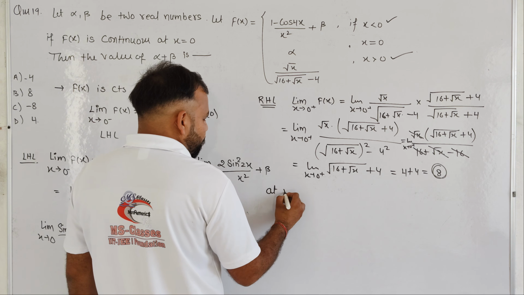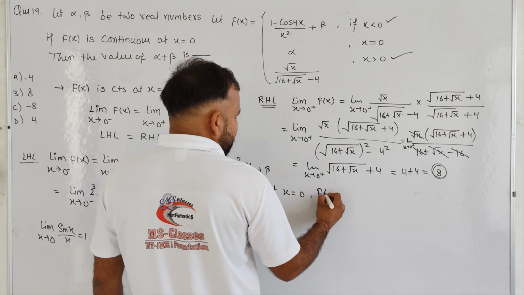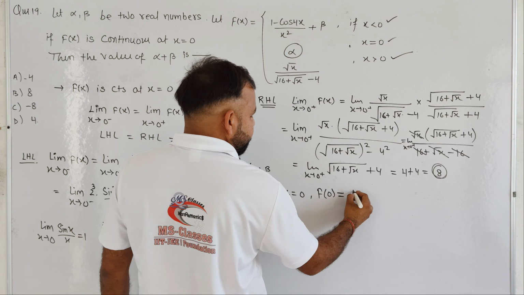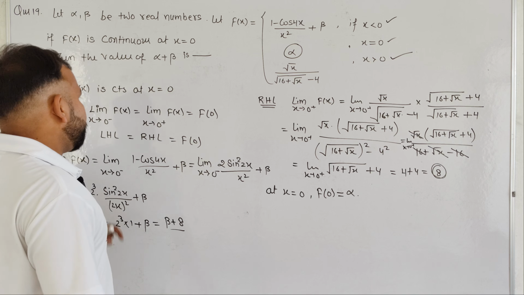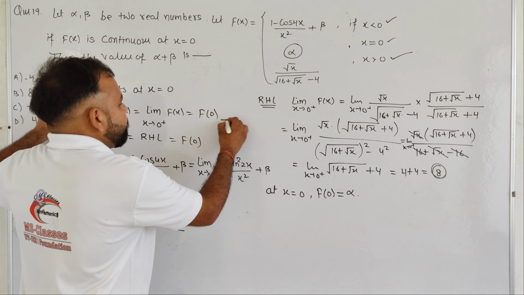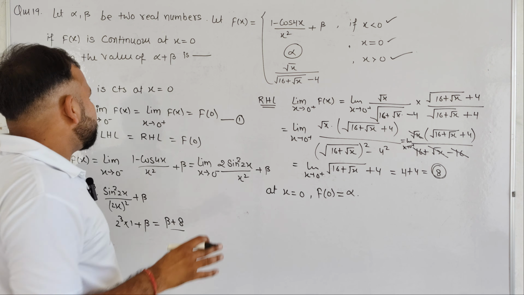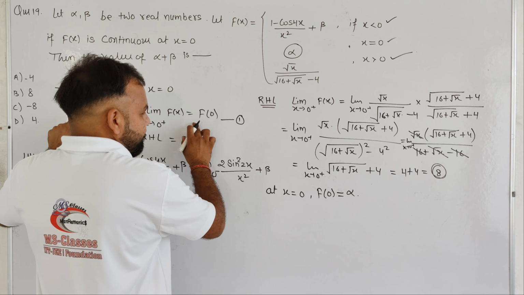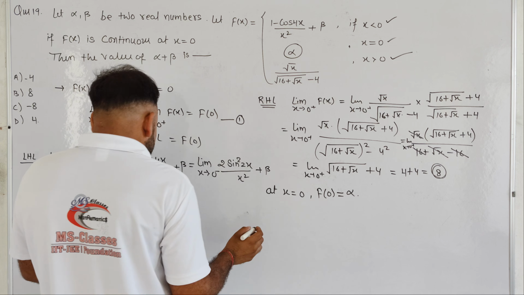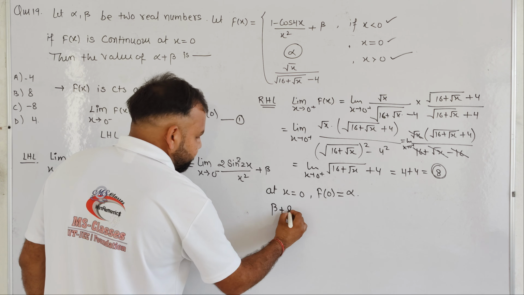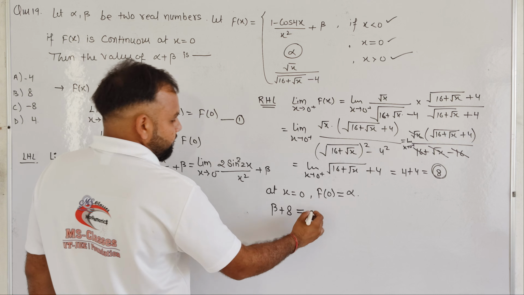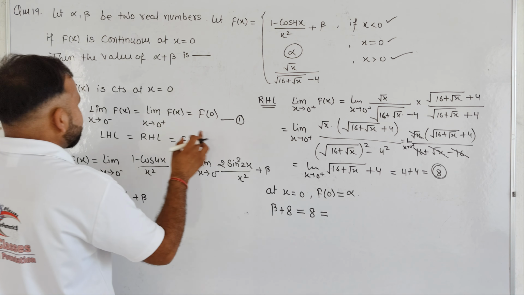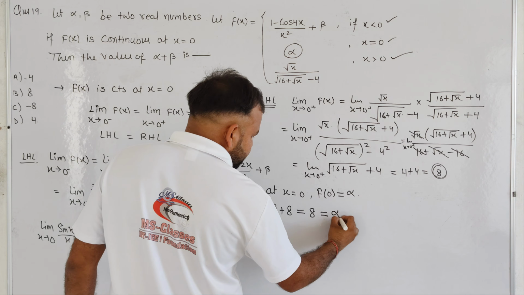And at x equal to 0, our functional value f at 0 is alpha. And we know very well, by equation first, the given function is continuous, let us consider this as our equation first. Putting all these values in this equation, our left hand limit is beta plus 8, our right hand limit is 8, and our functional value at x equal to 0 is alpha.